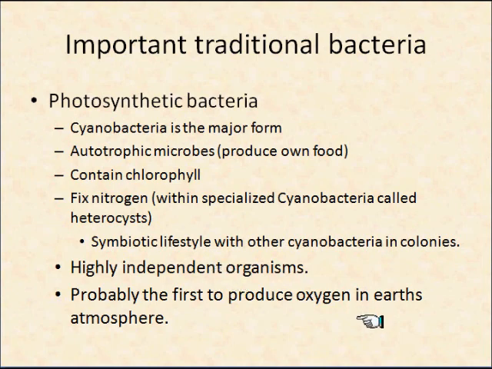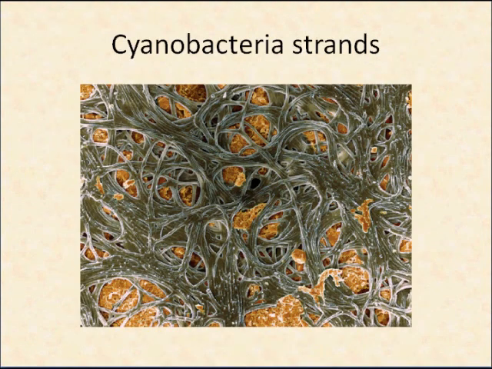They don't really require anything from other organisms. They can adapt very well. Like we said, probably the first to produce oxygen in Earth's atmosphere. Here is a view of a mat of cyanobacteria.